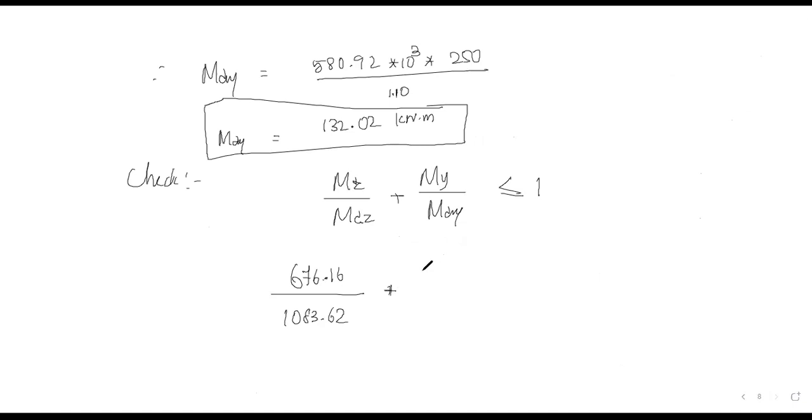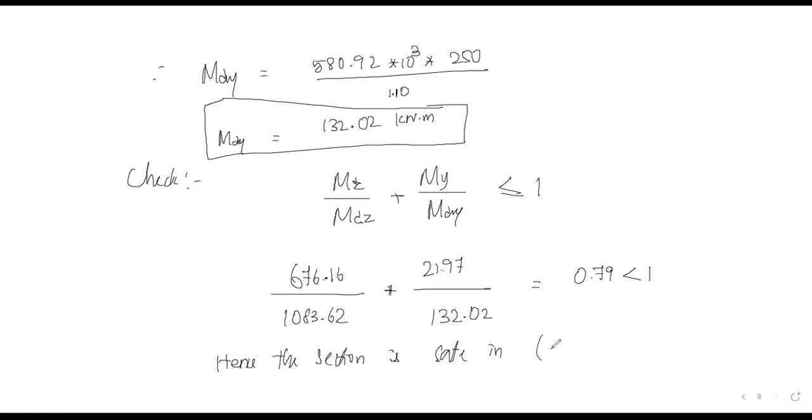It is around 21.97 kilonewton meter, divided by Mdy, 132.02. So if we substitute these values, we get 0.79, which is less than 1. Okay, hence the section is safe in lateral bending also.